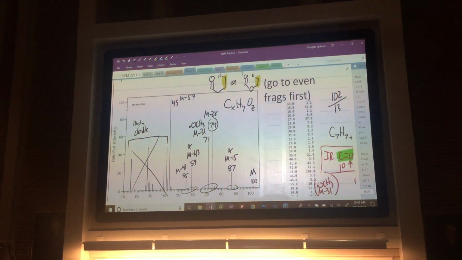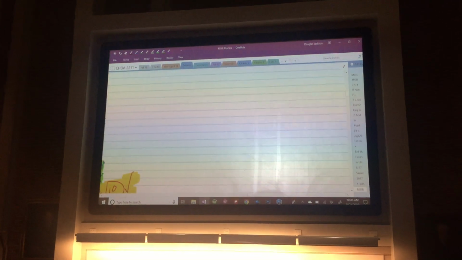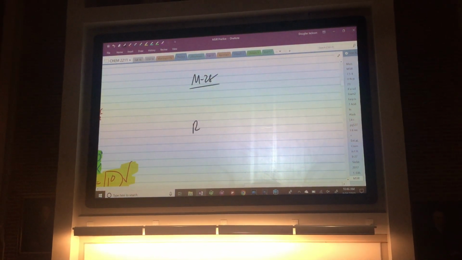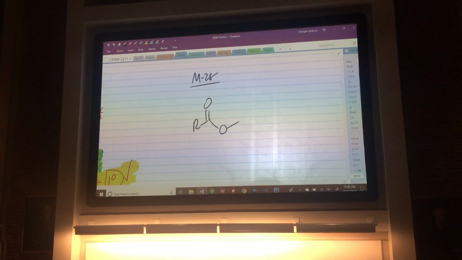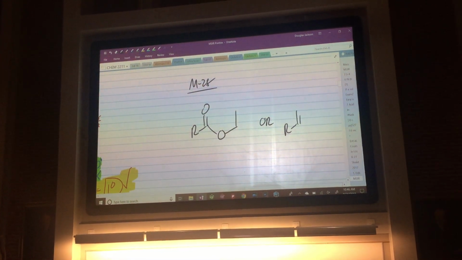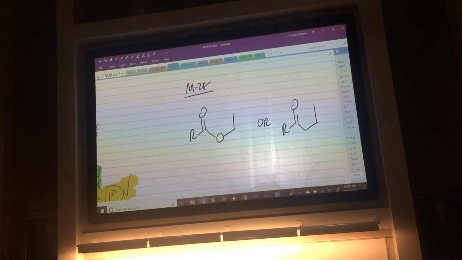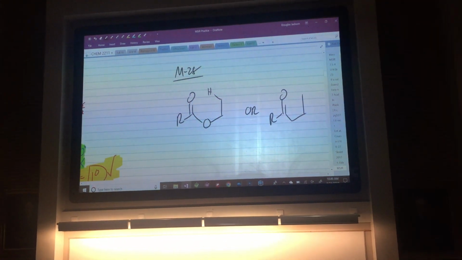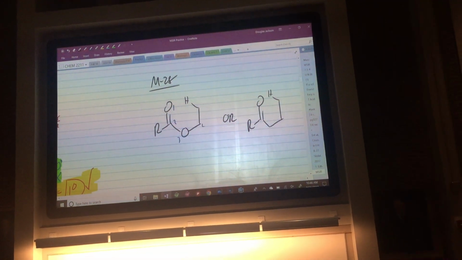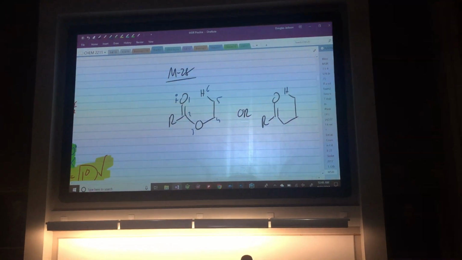Let's go over to the side here. So M-28, we're doing our logic on M-28. If it's one of these two, again, the McLafferty makes that 6-membered ring, 1, 2, 3, 4, 5, and 6, back to the carbonyl with the charge.